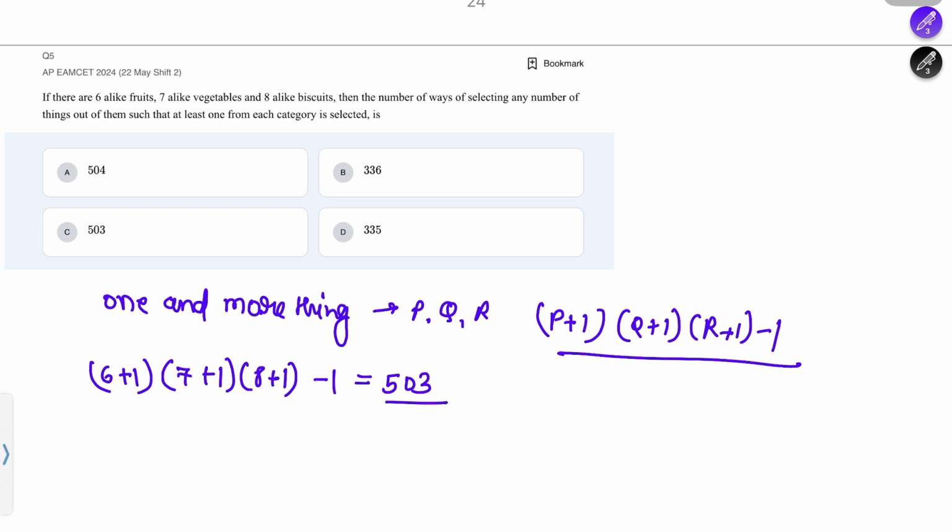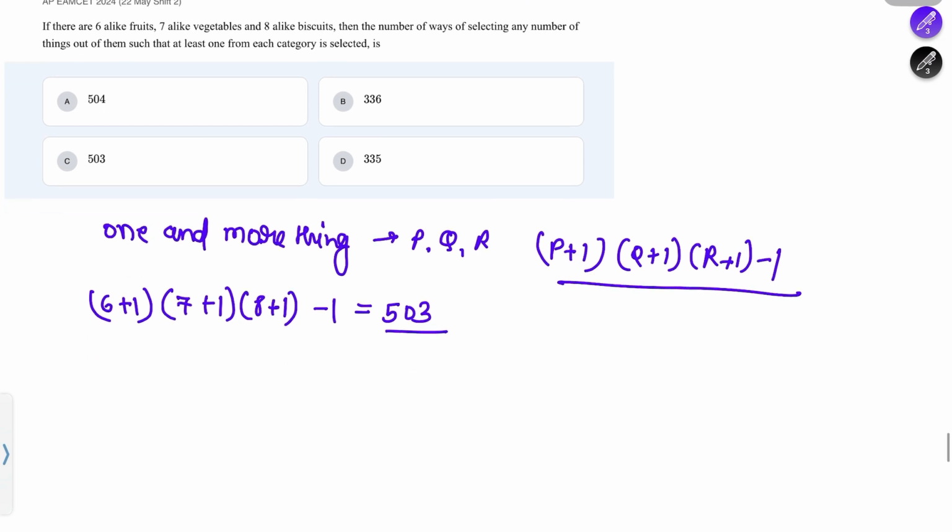How to find the at least? Select one category and two categories, and subtract those. One category is very easy: select only the 6, or only the 7, or only the 8.